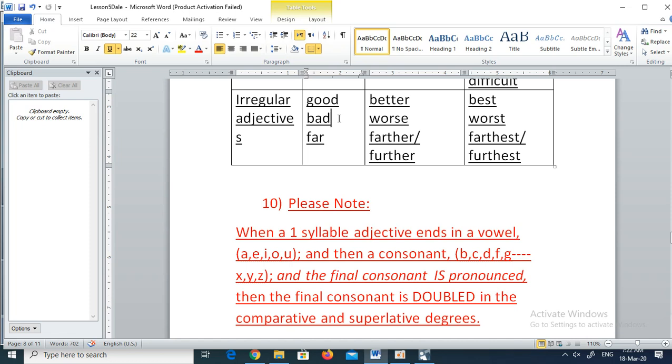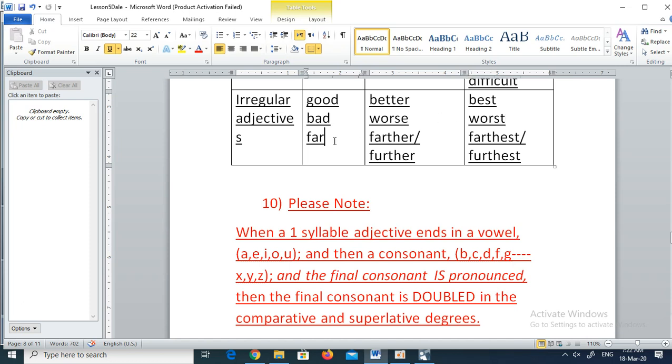We say bad in the positive degree, but in the comparative degree it is worse, and in the superlative degree it is worst. That is another adjective that you do need to remember and that you do need to know. Those 3 degrees of comparison are very important.